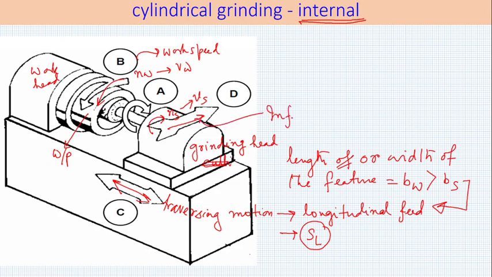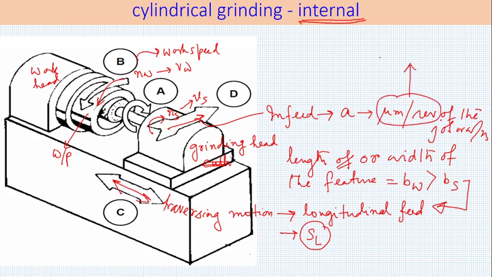This motion is required for giving infeed. Infeed is given as a micron per revolution of the job or workpiece. This micron per revolution, this particular story comes only when it is traverse.